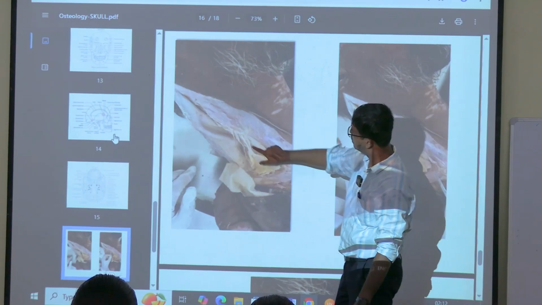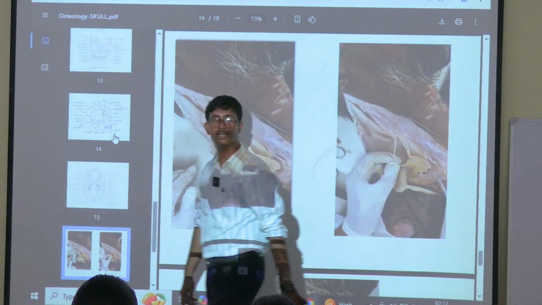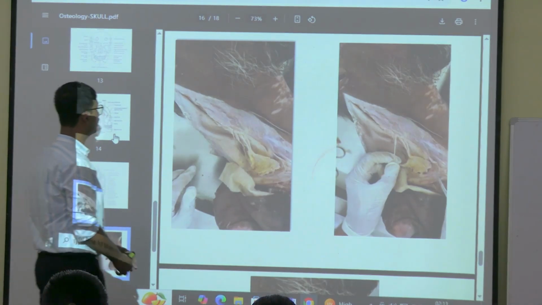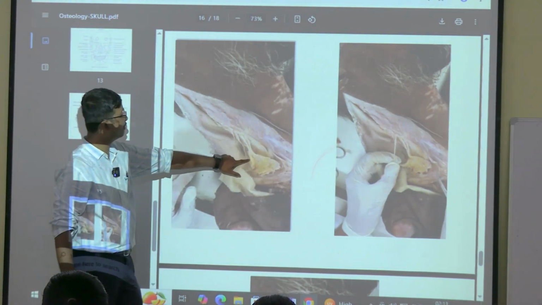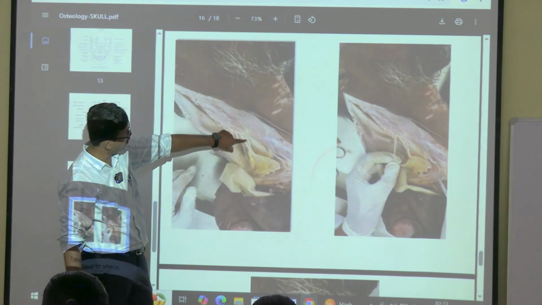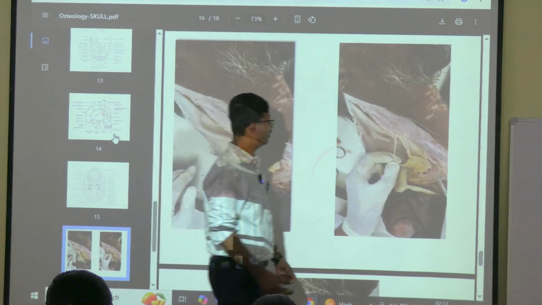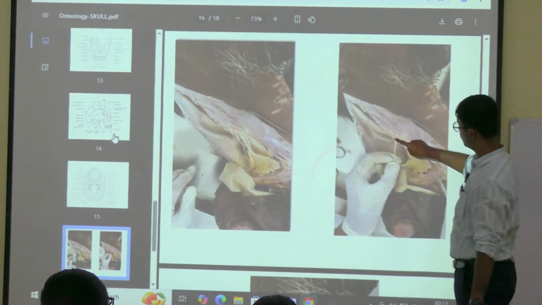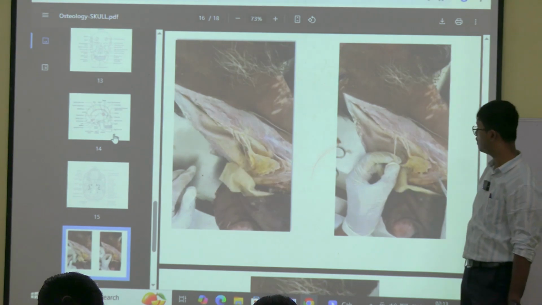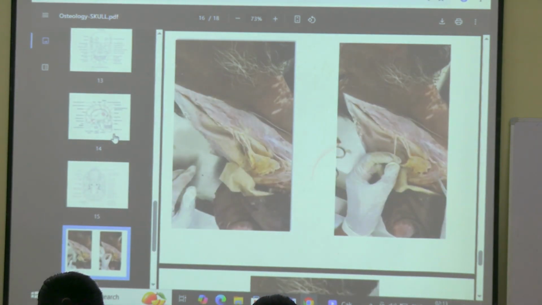Here you will see the supraclavicular nerves. They have been shown now. Then you see them in the dissection. Above the investing layer of the deep cervical fascia will be your supraclavicular nerve. And there are two nerves: one is your C3, C4 cervical plexus nerve, and another is your spinal accessory nerve.